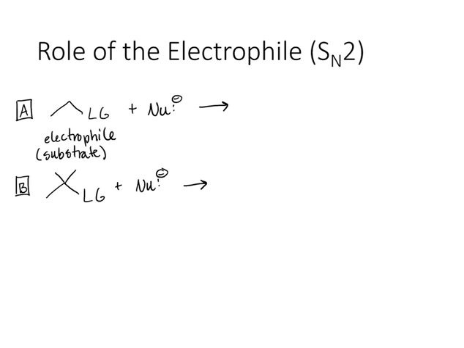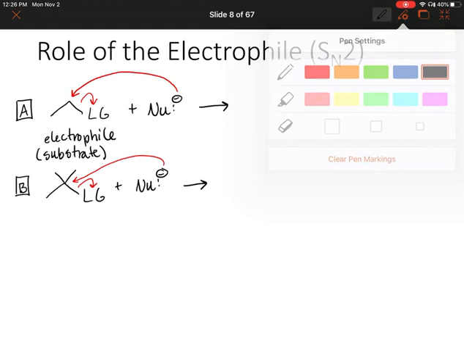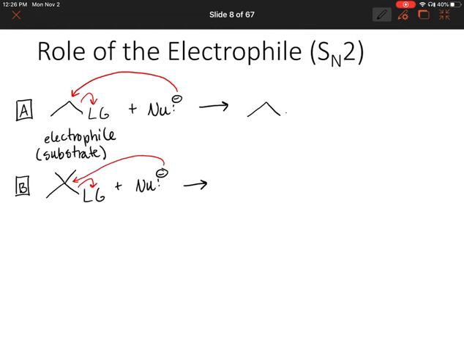Now, in an SN2 reaction, remember this is a one-step reaction, so everything happens in one step. So the nucleophile comes in, it attacks the carbon next to the leaving group, and the leaving group leaves.